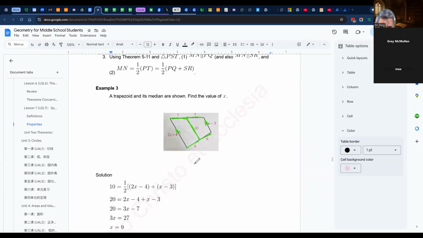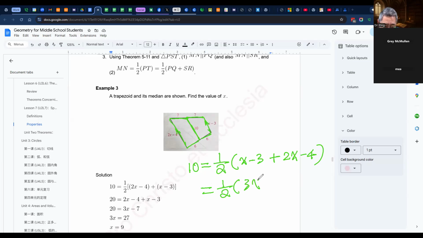We know 10 is equal to half of this and this, or we can say it is the average of the two bases. So that would be x minus 3 plus 2x minus 4, over 2. We can combine like terms. What we have here is 3x minus 7. Then we can multiply by 2 on both sides.